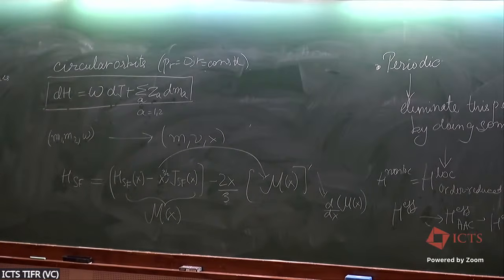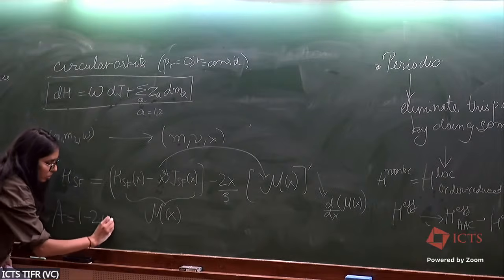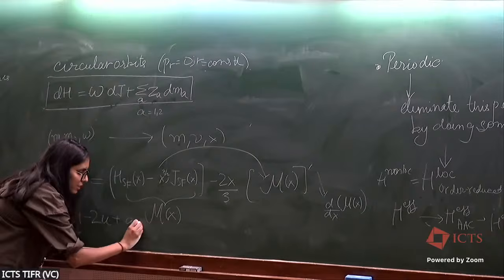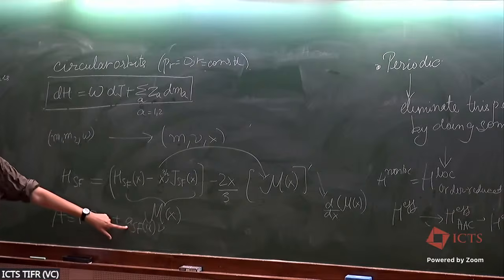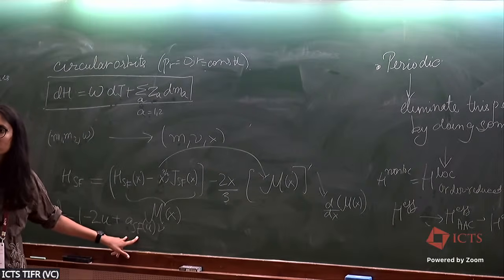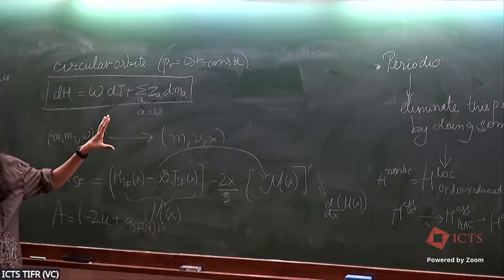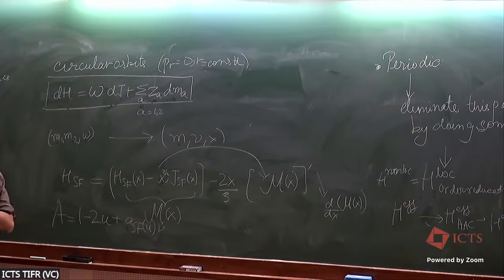And this H self force we said can be related to H effective using this energy map. And putting the ansatz now, which was A equals 1 minus 2u plus A coming from the self force computation times nu, I should be able to obtain the A self force. Because here I can write H self force in terms of A self force. It's the similar thing that we did in tutorial 2, that we have H hat effective in terms of the metric potentials A2, A3, A4. And on the other side, we have the H hat effective coming from the two-body system.